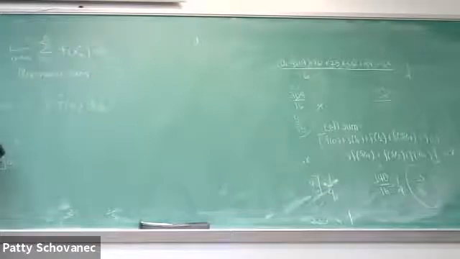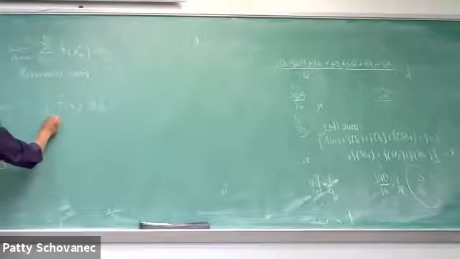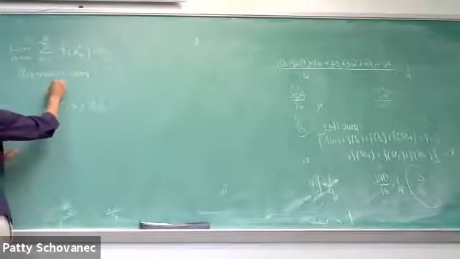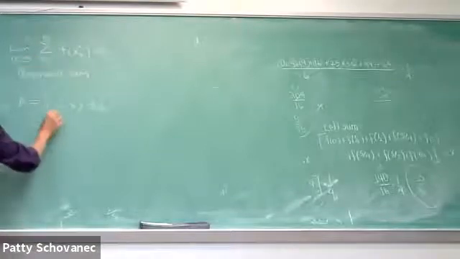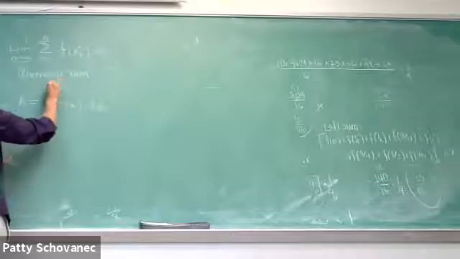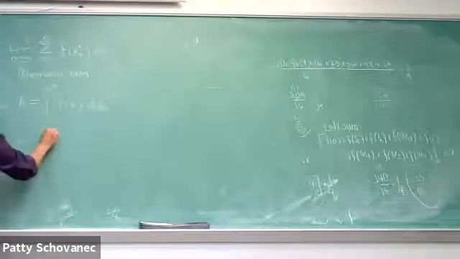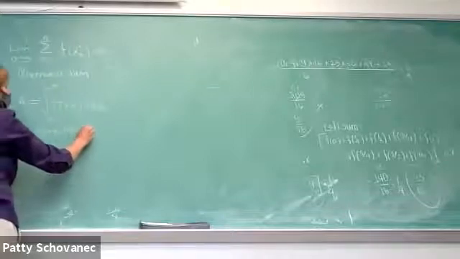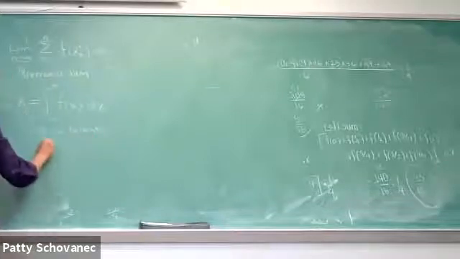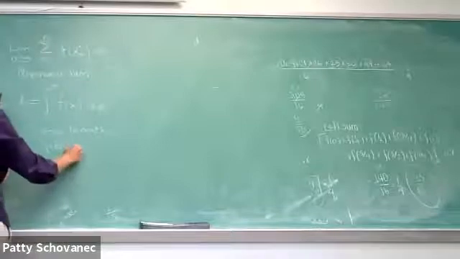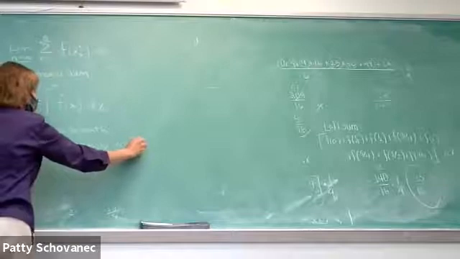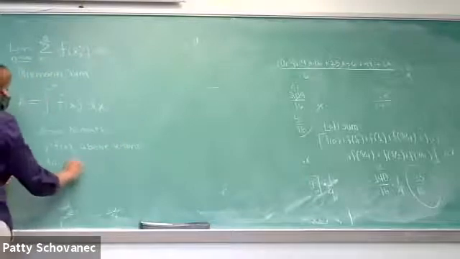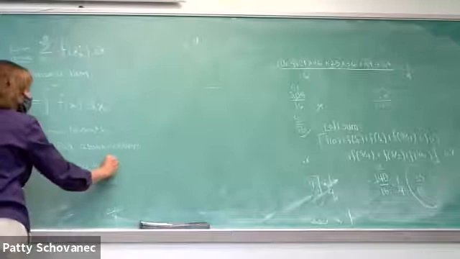So what we're going to do is take that function and find its values at the left endpoint and the right endpoint, and this limit gives us the exact area. So let's go in general, go from A to B. And so this gives us the area we need: y is equal to f of x above the x-axis from x is equal to A to x is equal to B.